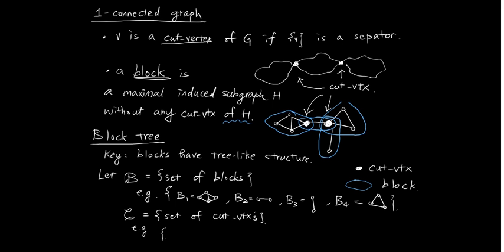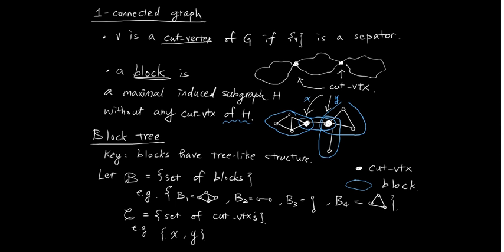Let's call them X and Y. So in this graph, we have 4 blocks and two cut vertices.